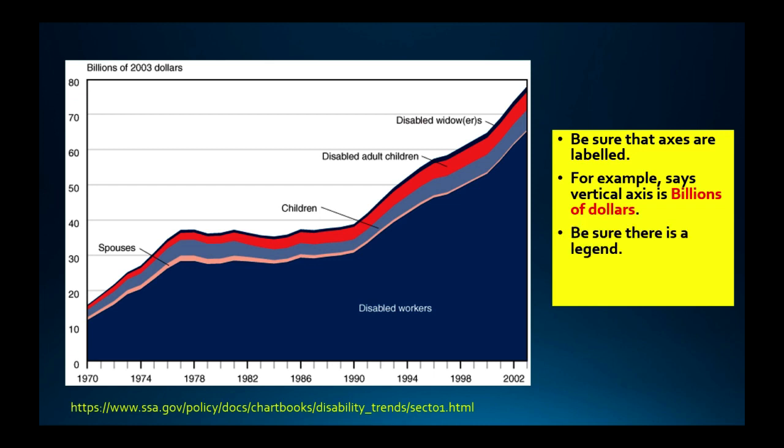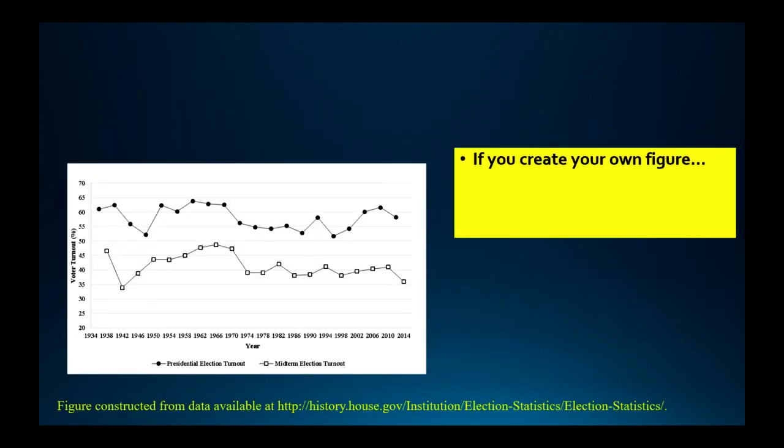And there's a legend, so we can follow what's going on. At the bottom, we've got the source, and this came from a government website. It's actually the Social Security Administration, and this is something that they generated, and I might choose to take this and use it in my presentation. If you create your own figure, so this is something that one of my students did.